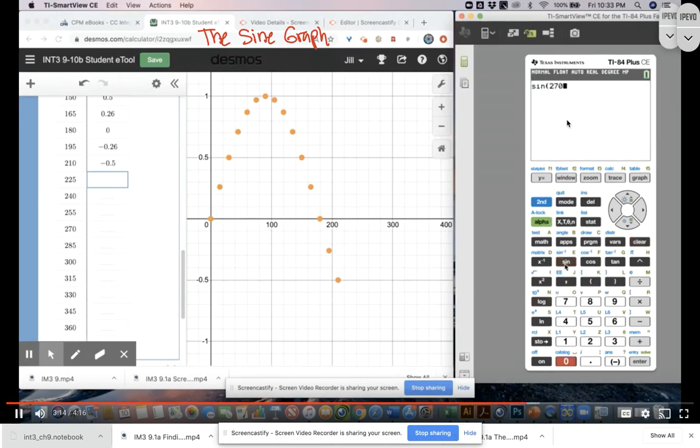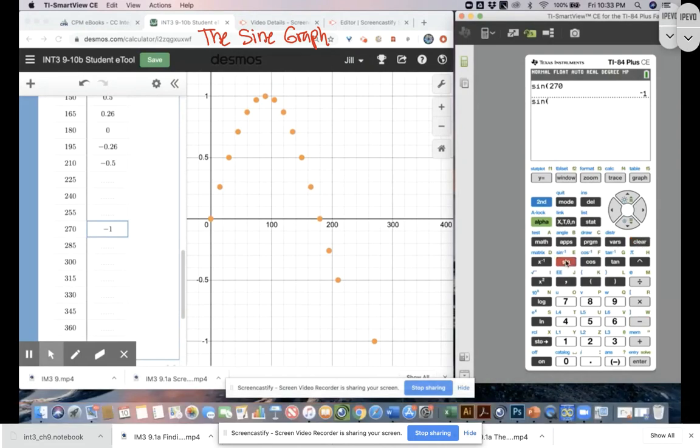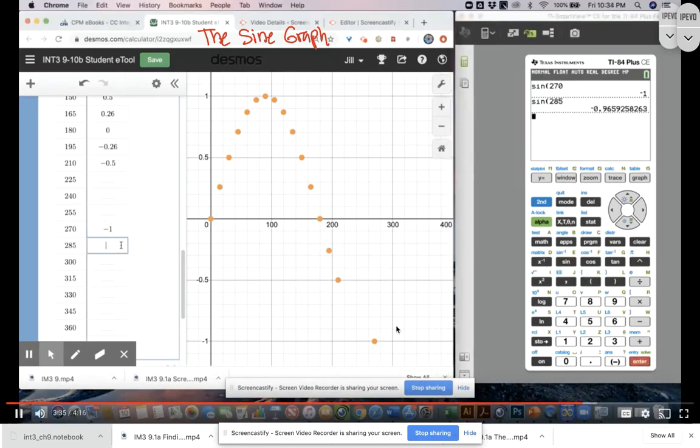And then we have sine of 270, and that gives you negative 1. So that's down here. Notice I skipped a few points. And then let's do sine of 285. It's going to go back up again a little bit. So you're going to make that in your table and then plot your point.